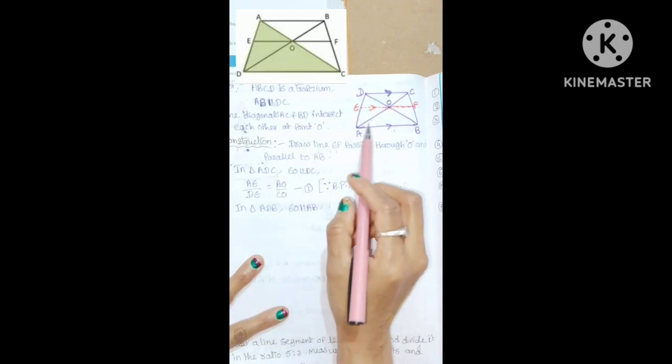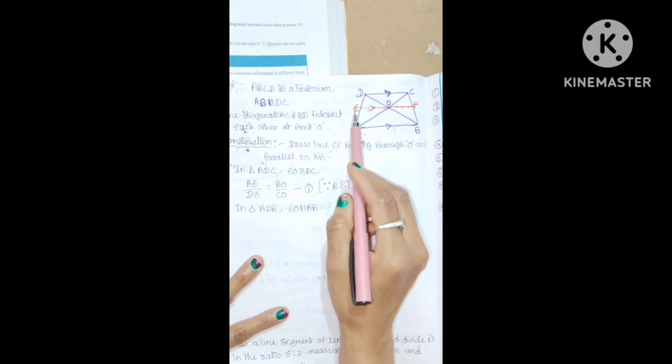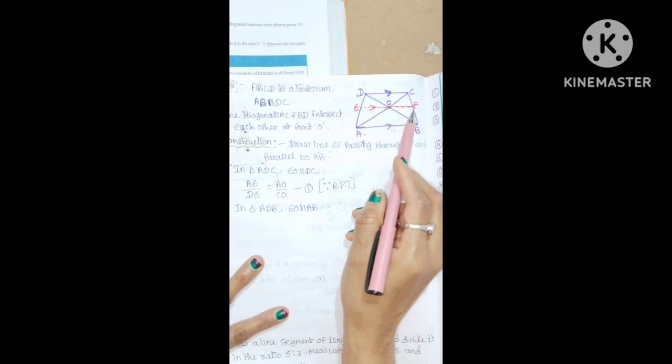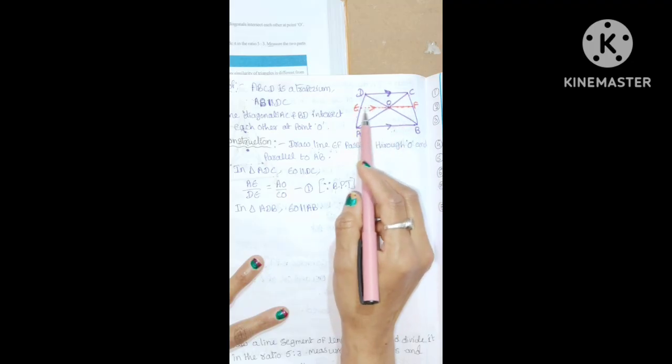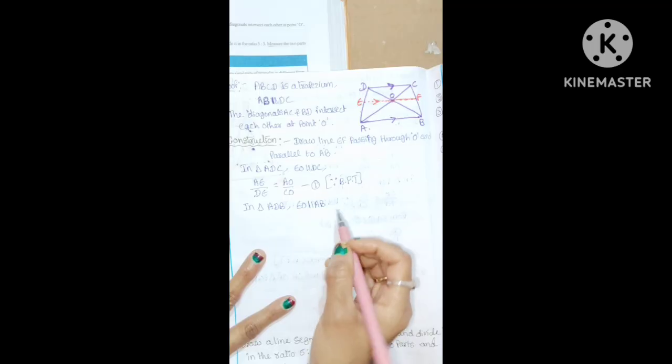The construction here: draw one line, the EO line, or EF also. Otherwise EO is enough.